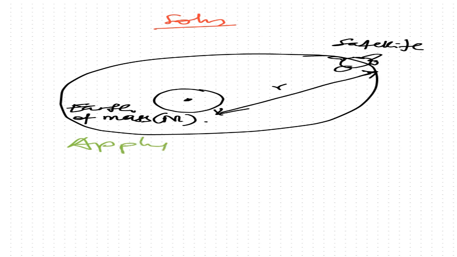So how do we do this here? Let's see, the satellite also has mass small m. Okay, let's make that assumption also there.